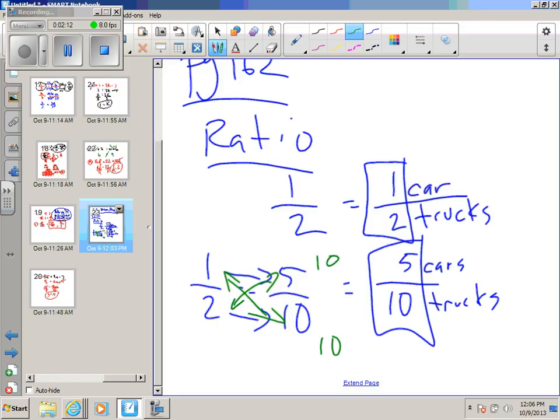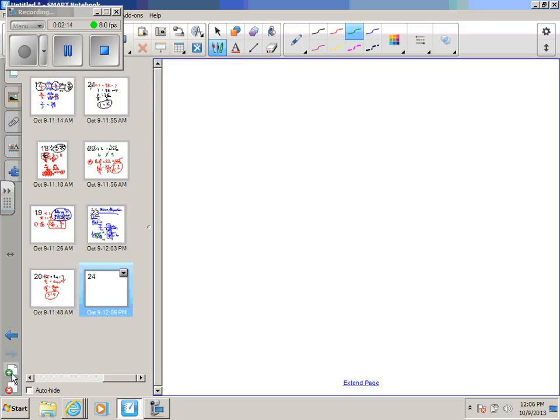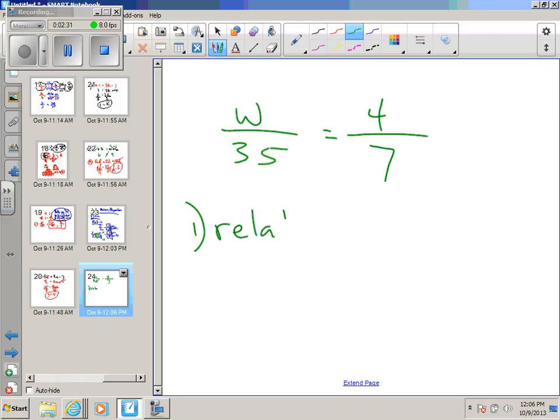For example, when you have to find the missing value, W over 35 is equal to 4 over 7. Now, first thing, look for a relationship. In other words, it doesn't have both of its top values, but it does have both of its bottom values.